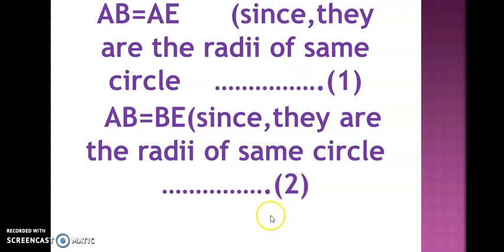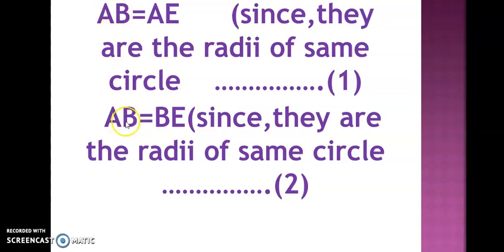Now observe from equation 1 and 2, can we say AE is equal to BE? Yes, we can. Why? Because here AE is equal to AB and BE is equal to AB. And these two are line segments which are equal to the same line segment, no? Which axiom are you using here? I think axiom, isn't it?